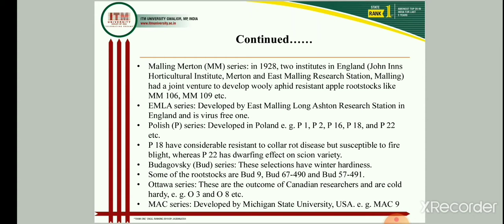East Malling Long Ashton Research Station has also developed the EMLA series, which were free from virus attack. In Poland, the Polish series were developed, of which P18 has resistance to collar rot, while P2 has a dwarfing nature.